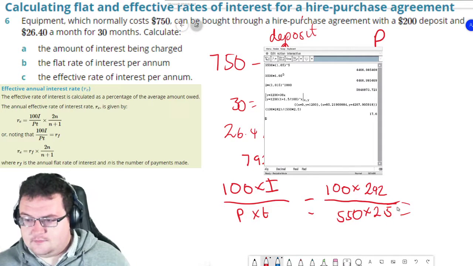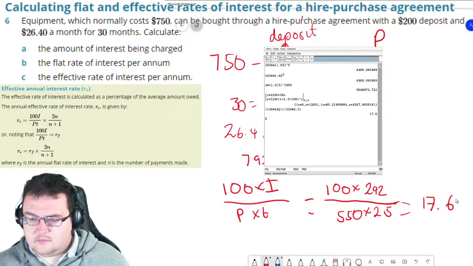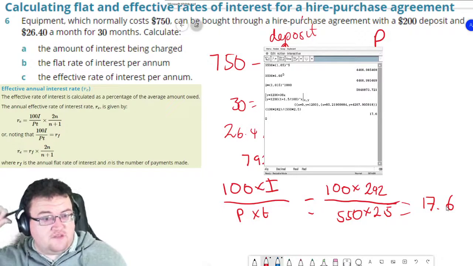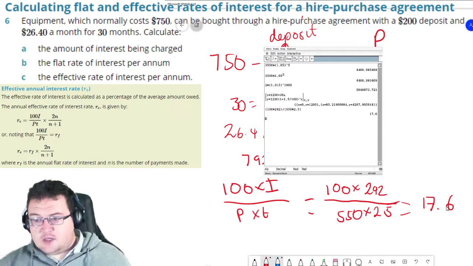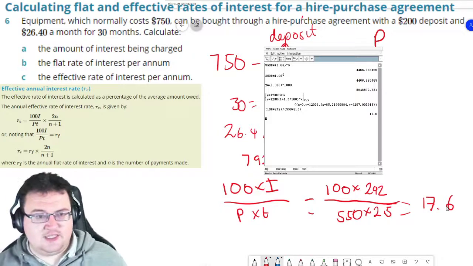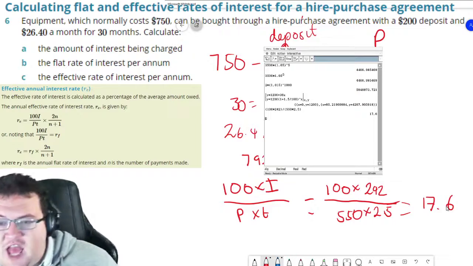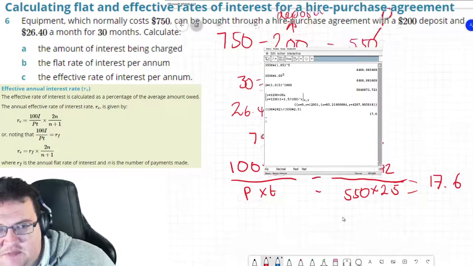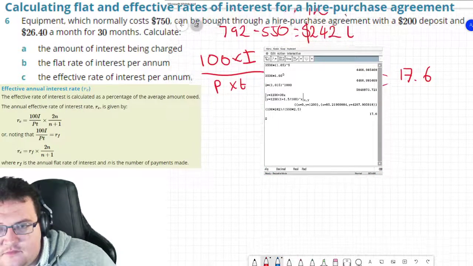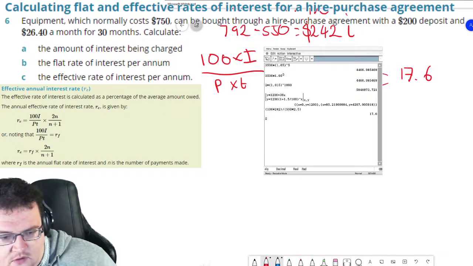All right. So the answer to what is the flat rate of interest per annum is 17.6. So now that we have that, we can move on to the next bit. I'll just turn the calculator off for a sec.